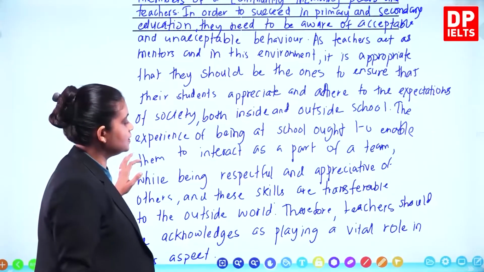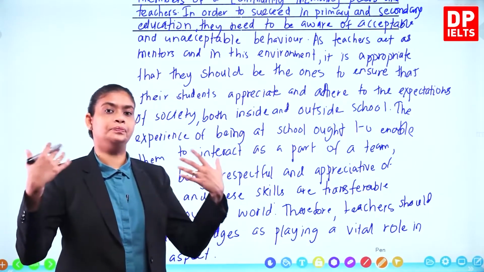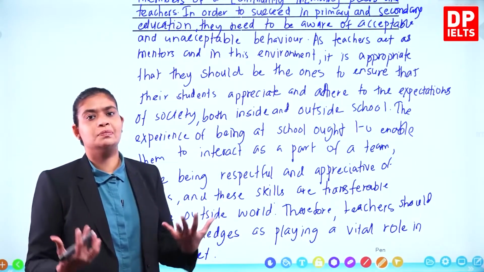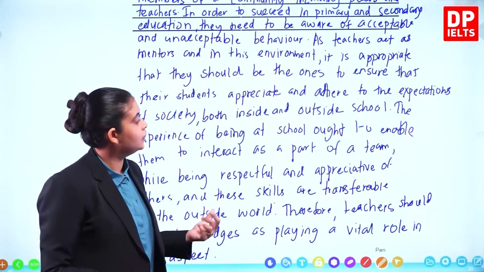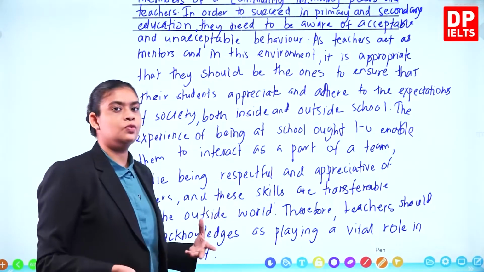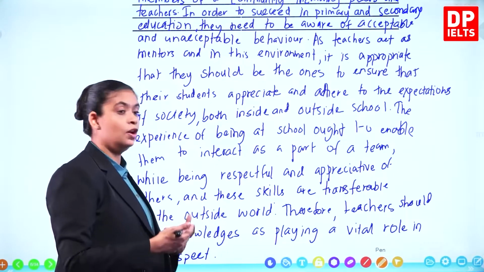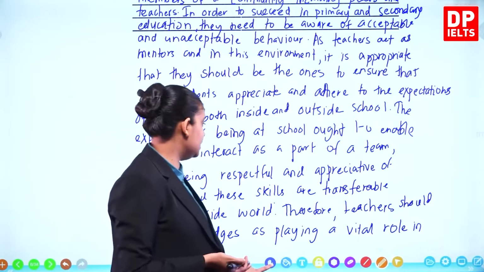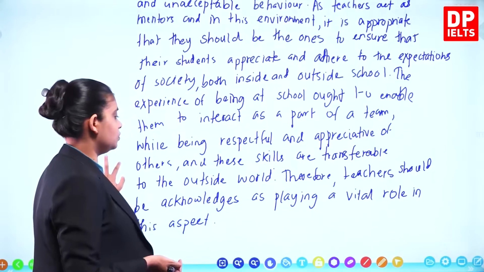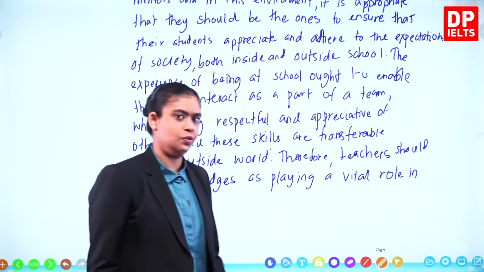As teachers set the environment, in school, along with teachers and peers and friends, you are able to take part in activities. You learn to be a part of a team. You learn to respect, appreciate others. And these skills are very important to be able to transfer to the outside world.